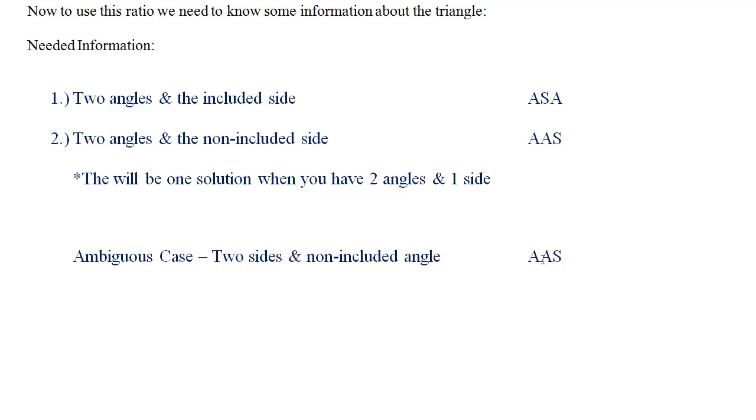So when I have two sides and a non-included angle, sorry, this should actually be SSA or ASS. It's called the ambiguous case, and we'll take a little look at why that term is used.